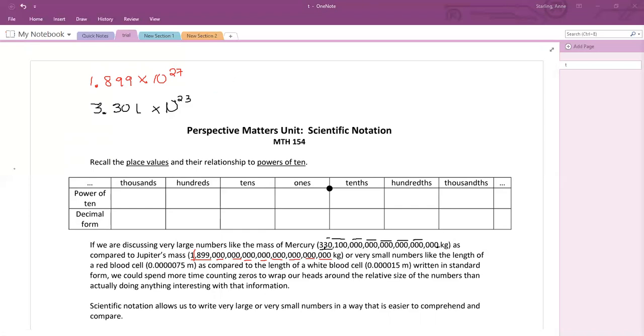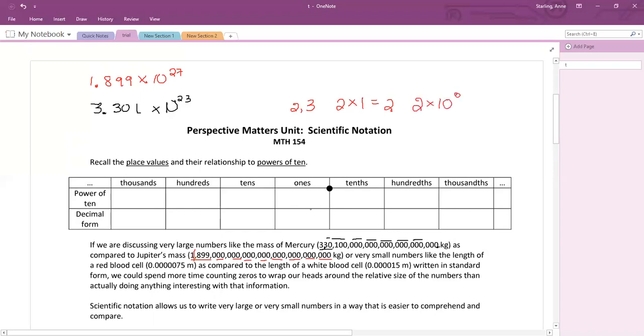So what we're going to do now is write that in a way that makes sense in this box. If I want to move something to the ones place, so write 2 or 3 but make it a power of 10, it would be 2 times 1 gives me 2, or 2 times 10 to the 0.